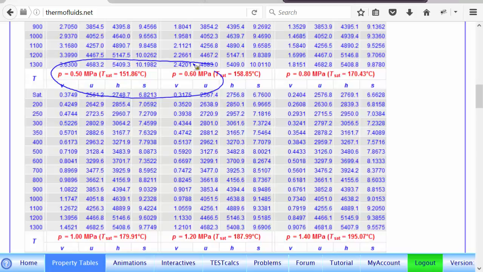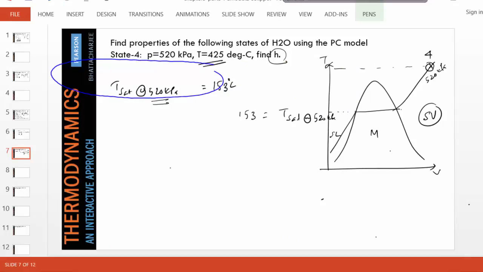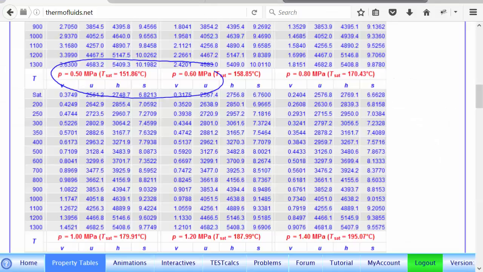So the temperature is 425, I believe. Let's go and check again. 425. So the pressure is 520 and the temperature is 425. 425 is somewhere between these two temperatures, right? So 425, this temperature is shared by the entire row of all the tables.